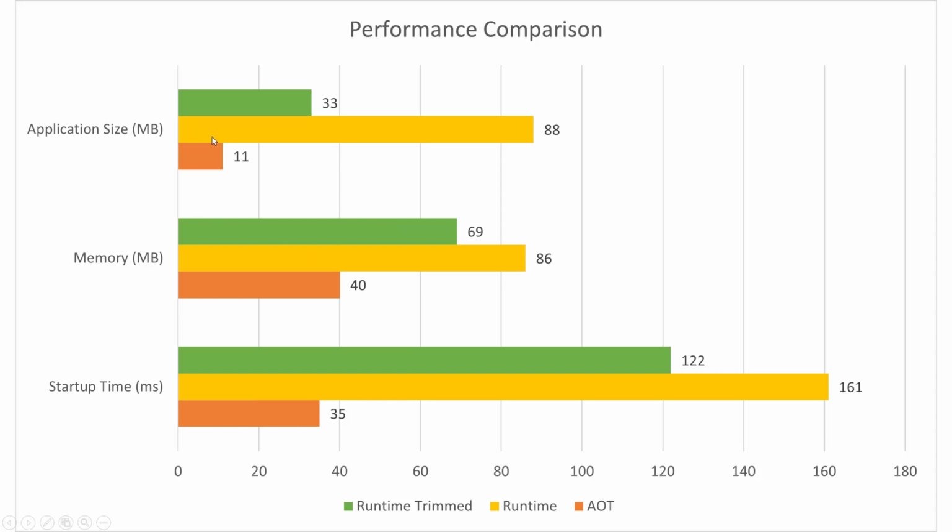See, application size in orange color means AOT. It would be much less in terms of memory and startup time. I got it from Microsoft Docs. So you can look at Microsoft Docs and find these things very easily.